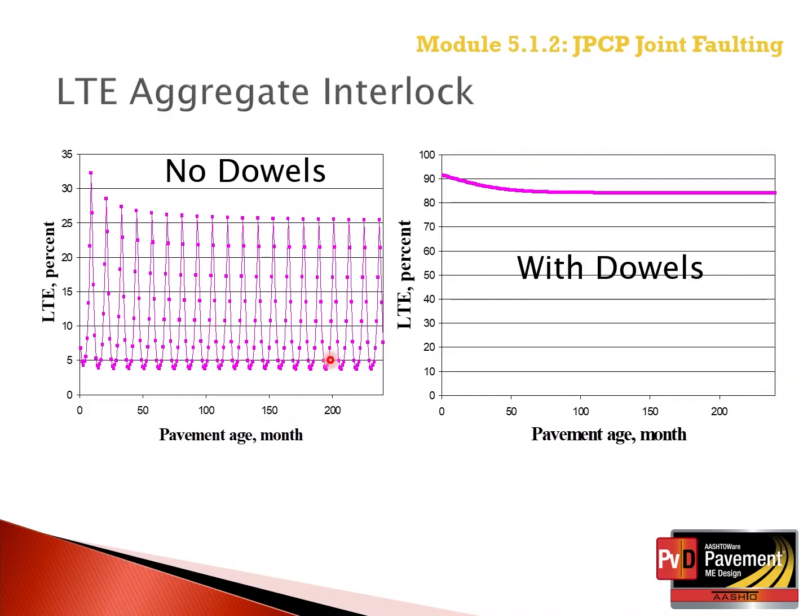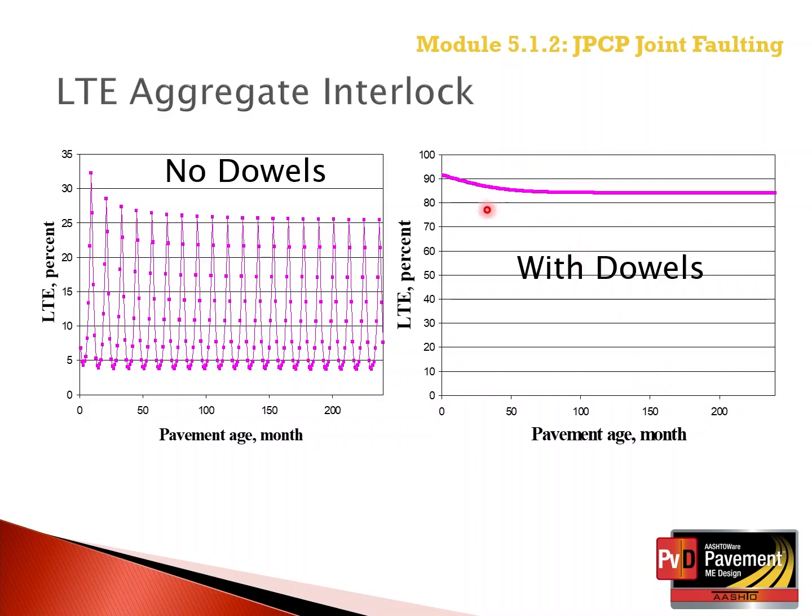The graph on the right side illustrates the change and decrease in load transfer efficiency for the same jointed plain concrete as for the graph on the left, but with appropriately sized dowel.